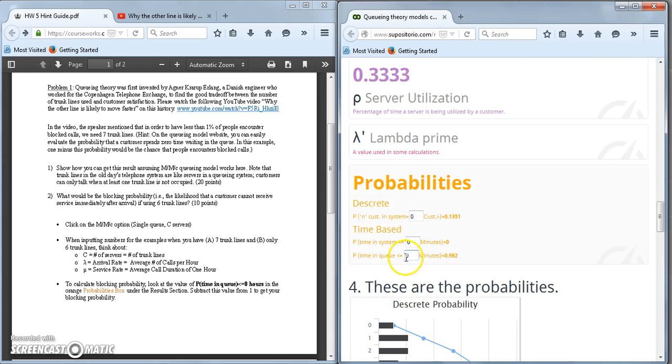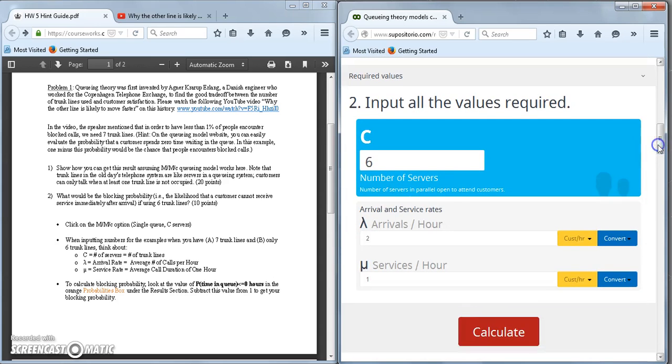And if you go here, you'll see that the probability of them spending no time waiting is actually 0.982, right? So if you did 1 minus 0.982, that's actually greater than 1%. So again, for homework problem 1, part 2, all I did was change the values so that the number of servers is 6.